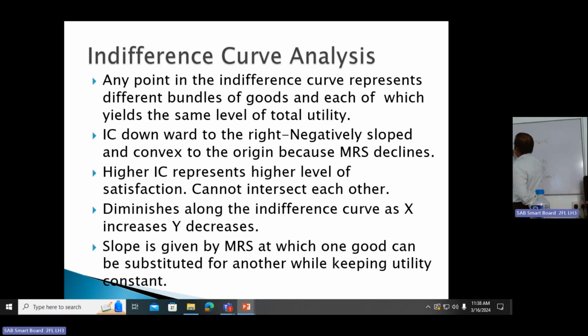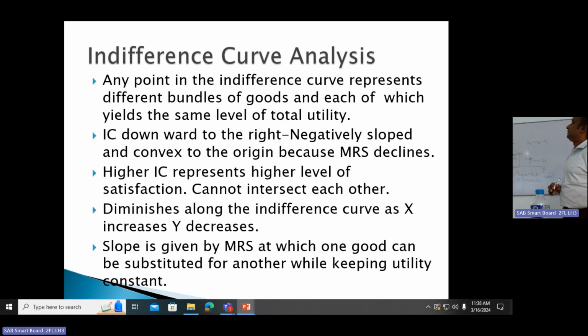Even though you increase the consumption of a particular product, you need to sacrifice on the other side, otherwise you cannot maintain the same level of satisfaction. That's why it's negatively sloped.